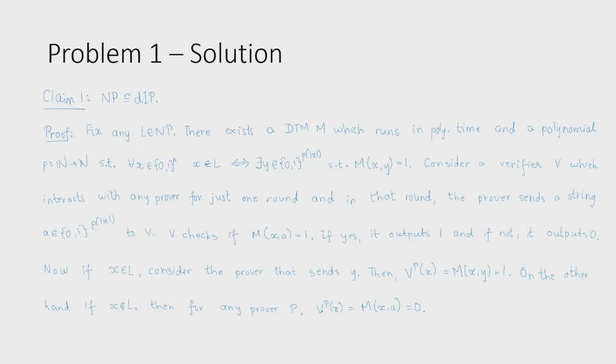So we have constructed a deterministic verifier which satisfies both the soundness and the completeness condition, right? So L is in DIP. This was the first direction.